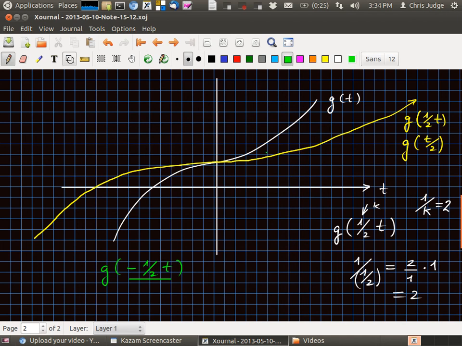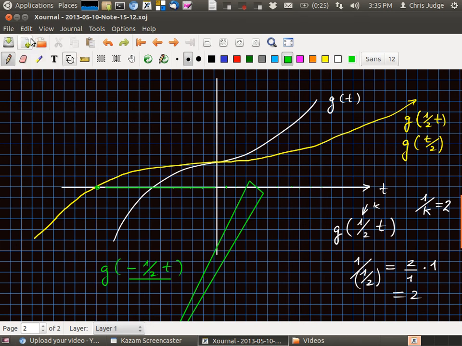So for example, here's an x value of negative 11. That will go off to a positive value of 11.